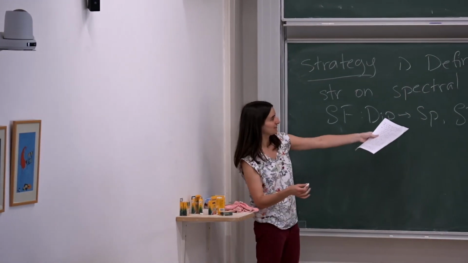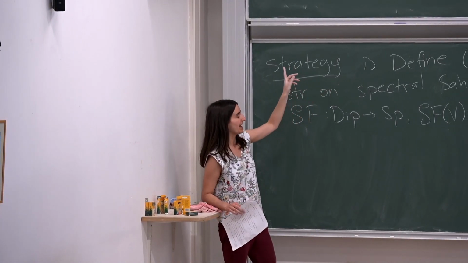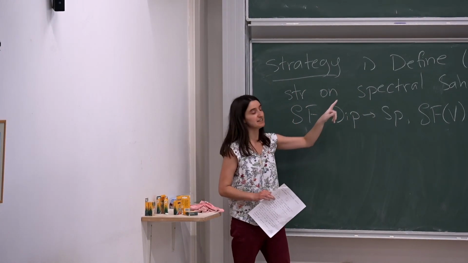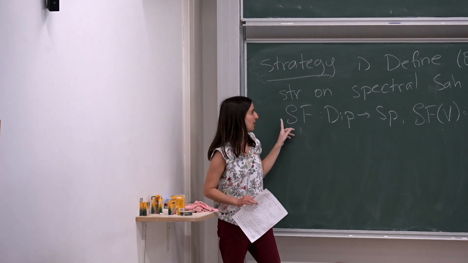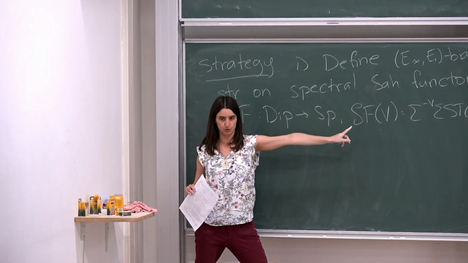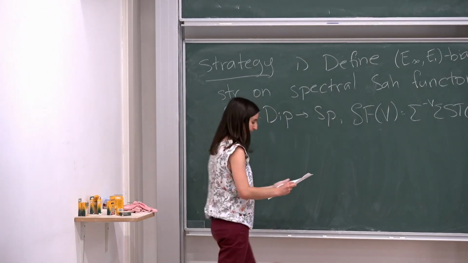But okay, so we define a commutative multiplication and an E1 co-multiplication on this functor with respect to the Day convolution symmetric monoidal structure.